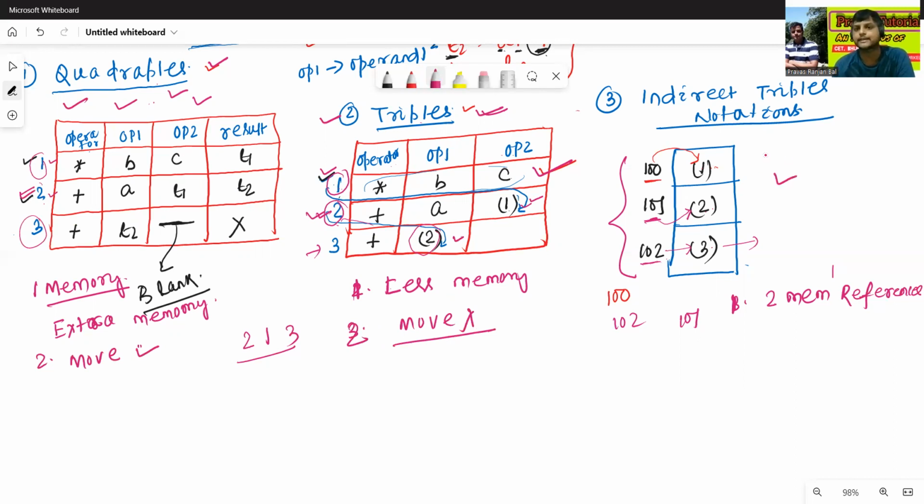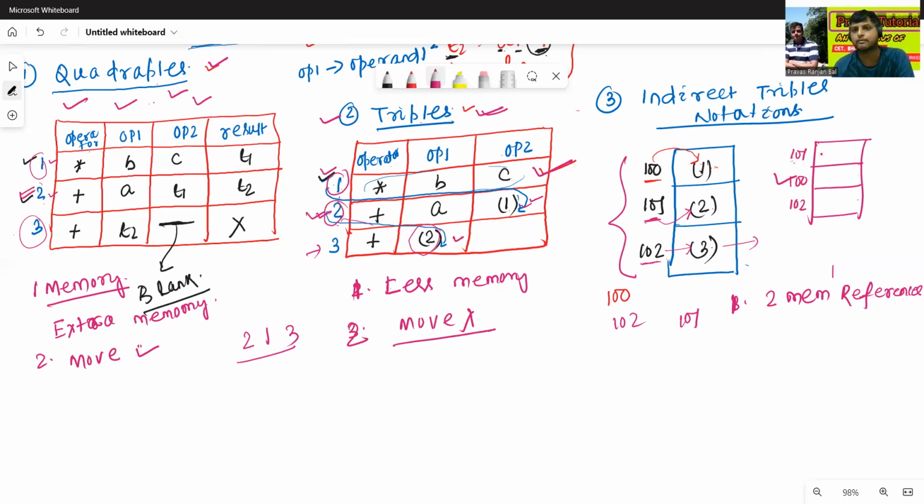In indirect triples notation, we can write anywhere. Suppose here we can write 101, here 100, here 102.